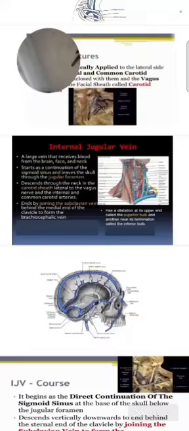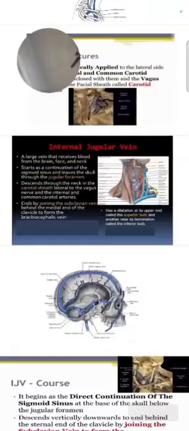So through the jugular foramen, from the sigmoid sinus, the internal jugular vein comes out and it descends down through the neck inside the carotid sheath along with the vagus nerve and carotid arteries.